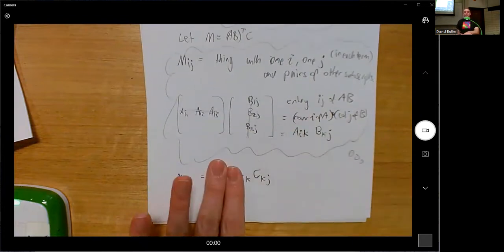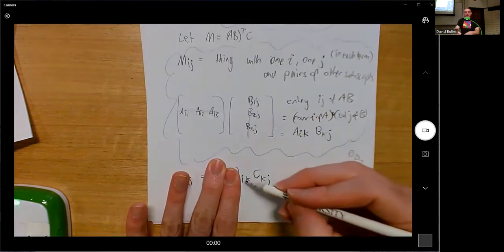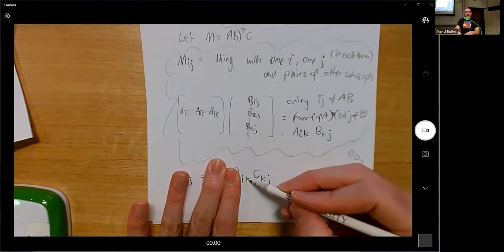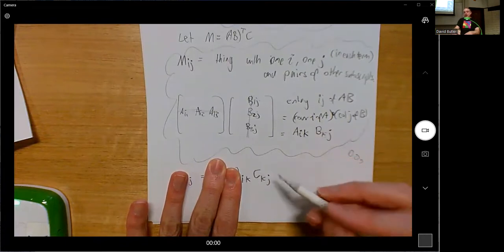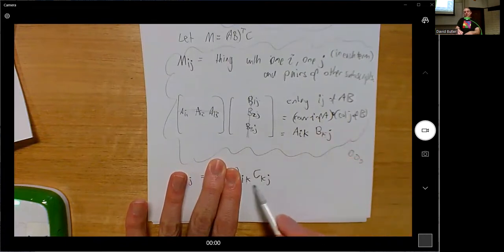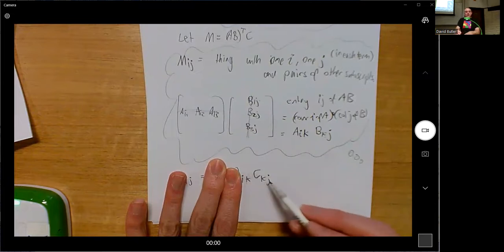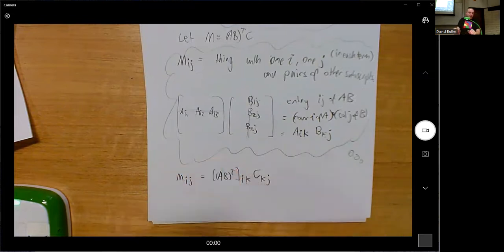So whatever this matrix is, its entry in position I and K is multiplied by the matrix C's position KJ, and then all the ones with the same, we'll go along row I of this one and column J of this one and multiply the matching spots and then add them up. So that's what it is so far. It's not in full suffix notation yet because I've still got a matrix multiplication here, but that's good.